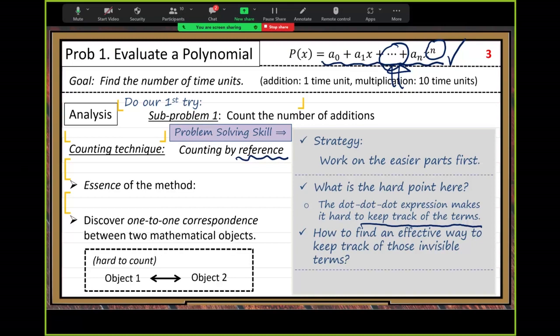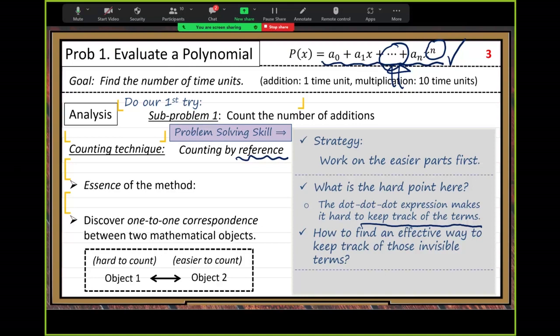Object 1 is hard to count. Here, object 1 is the plus sign, and it's not easy to count directly how many plus signs there are. But object 2 is easier to count, and they have a one-to-one correspondence. This is the counting technique, counting by reference.